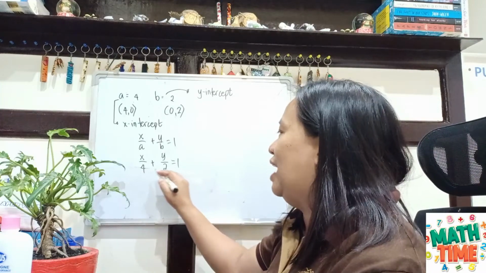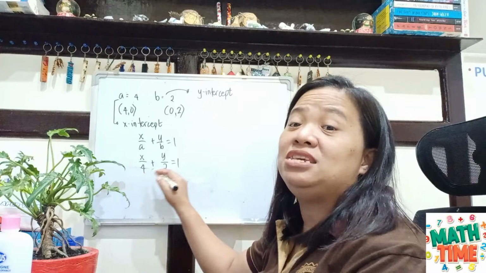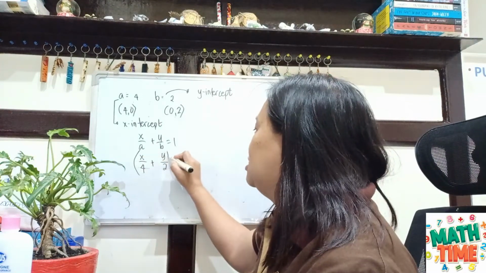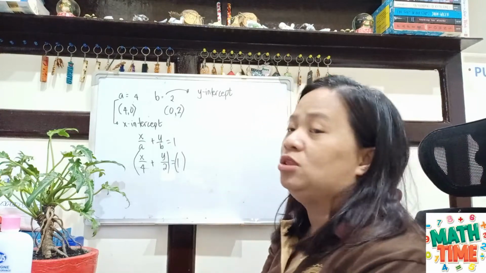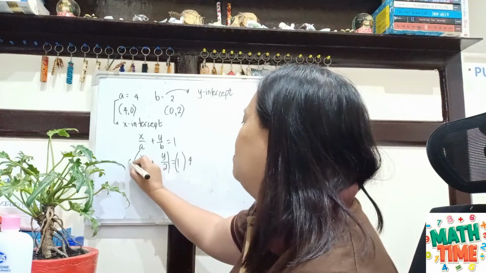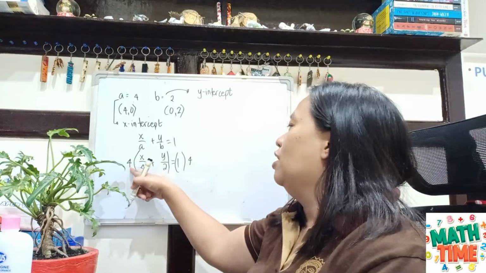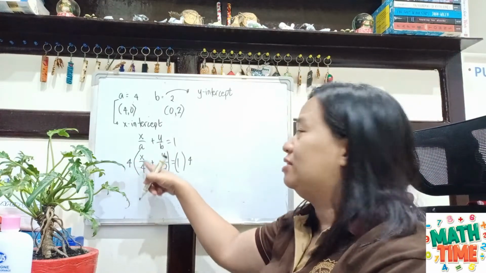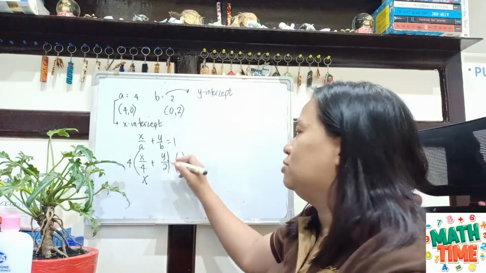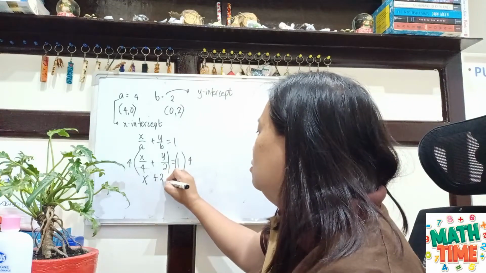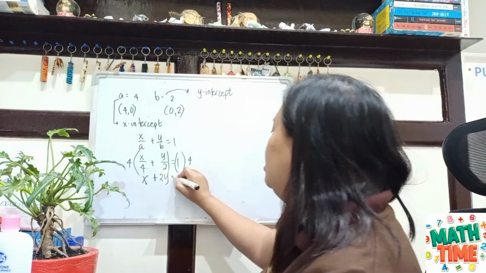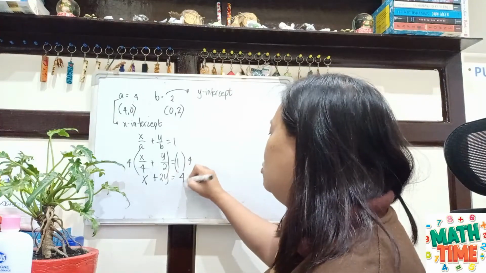So getting the LCD or the LCM, least common multiple of our denominators, which is 4, we are going to multiply both sides by 4. Then 4 divided by 4 is 1, 1 times x is x. 4 divided by 2 is 2 times y is 2y. Okay? Then 4 times 1 is equal to 4.